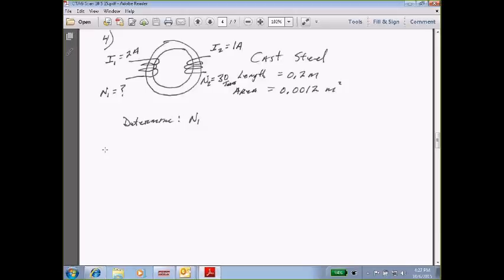That would give me 1 Tesla. Now from the BH curve, 1 Tesla for the flux density is equal to 750 ampere turns for the magnetizing force, H.